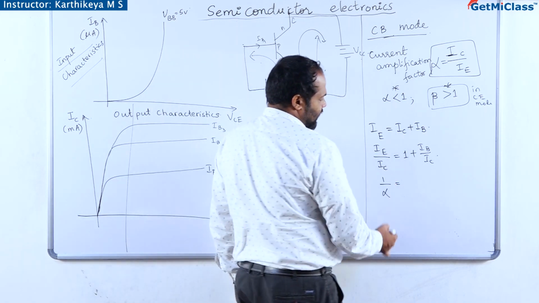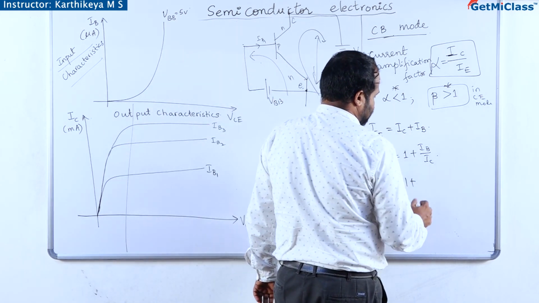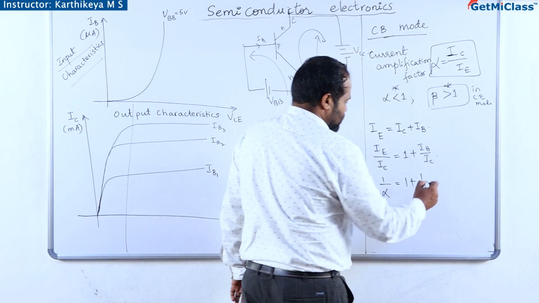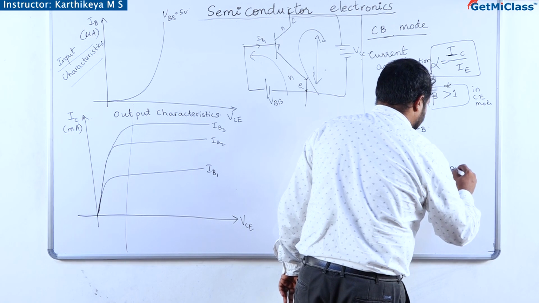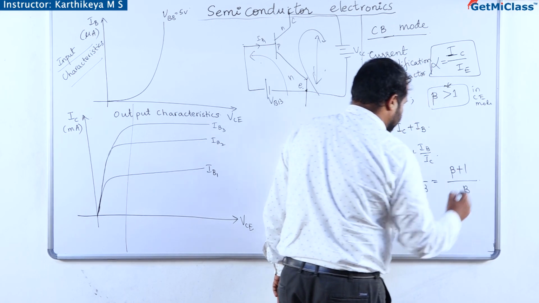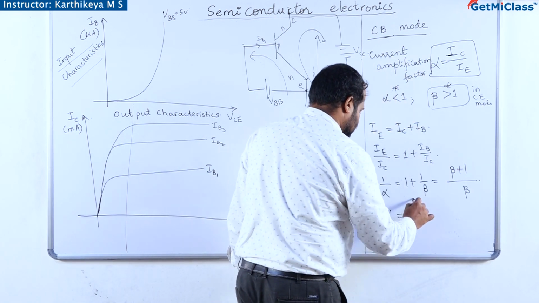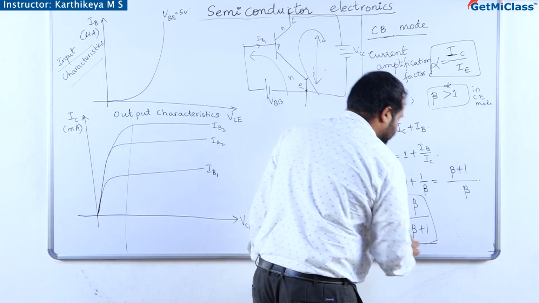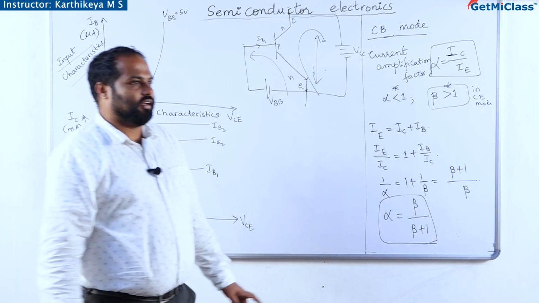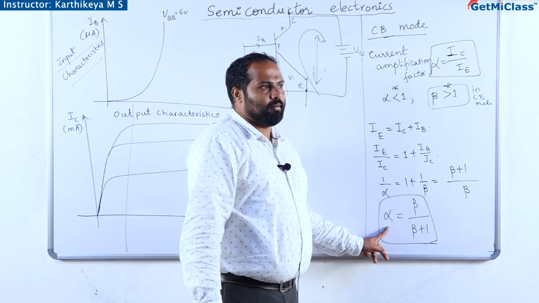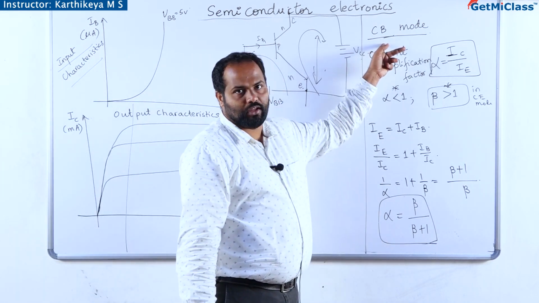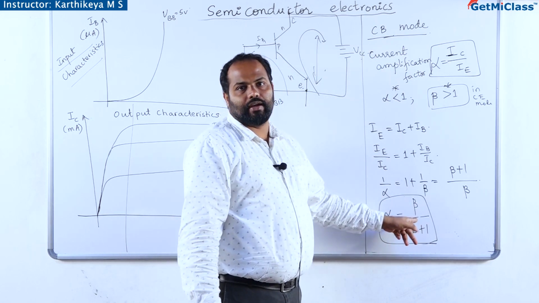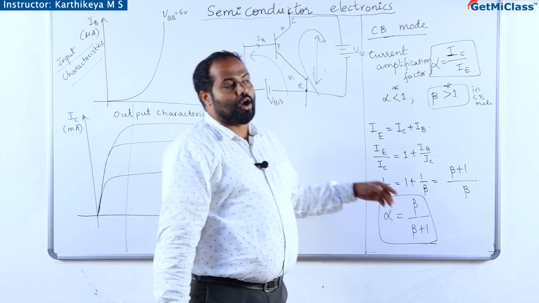So, 1 by alpha is equal to 1 plus 1 by beta. Taking the common denominator, it will be beta plus 1 divided by beta. So, alpha is beta by beta plus 1, which is one relation between the current amplification factor in common base mode of the transistor and beta, which is nothing but the current amplification factor in common emitter mode of the transistor.